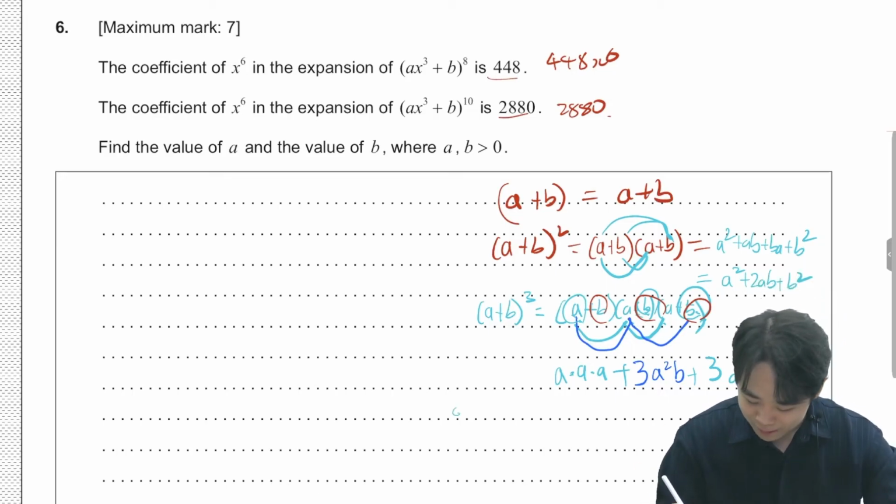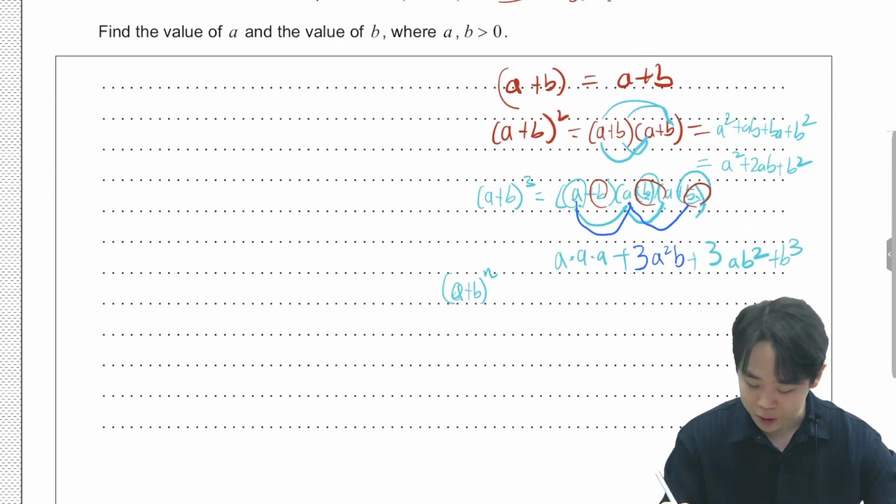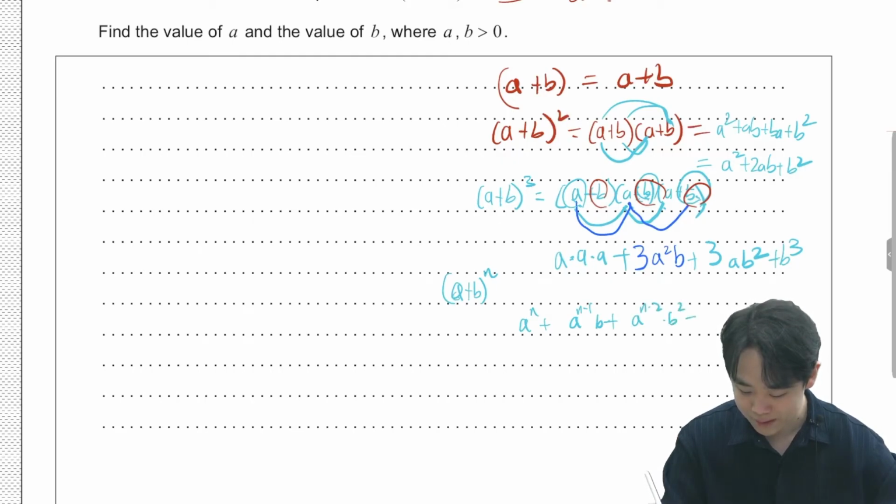If we have a plus b to the power of n, we're basically going to have an expansion of a chosen n times, or we could choose a n minus 1 times and b 1 time. And then we could do a chosen n minus 2 times, b twice. And we could keep on doing that until we get a chosen once, b chosen n minus 1 times, and finally b chosen n times.